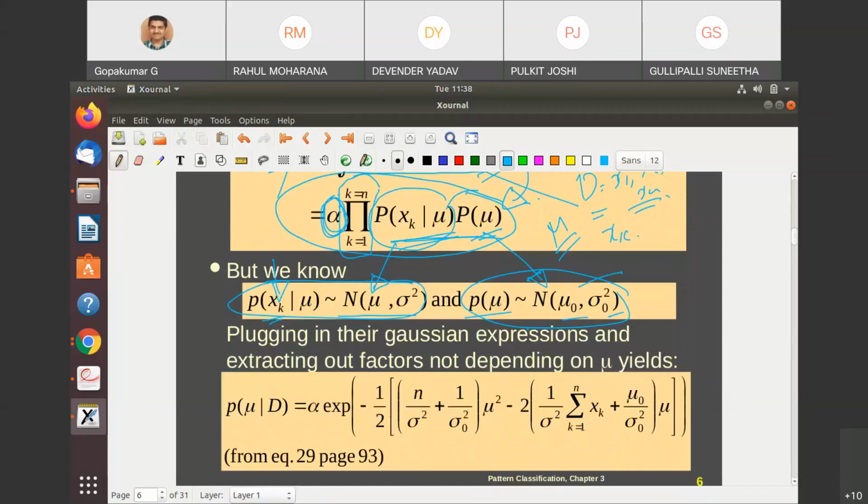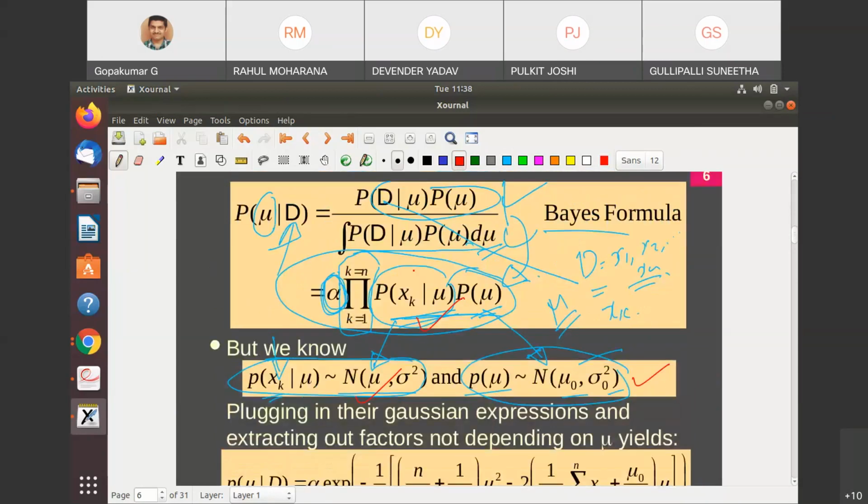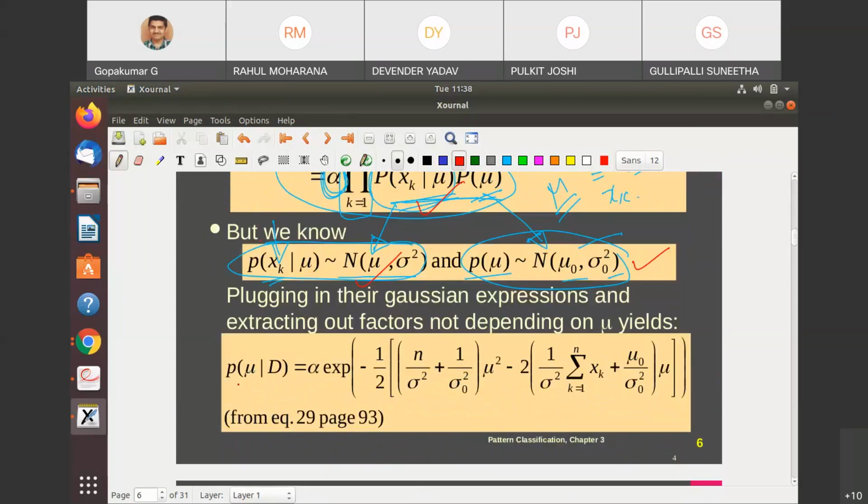So if you substitute this equation and this equation into this equation, the previous equation, that is the probability of mu given d, we can actually obtain an expression of this kind.